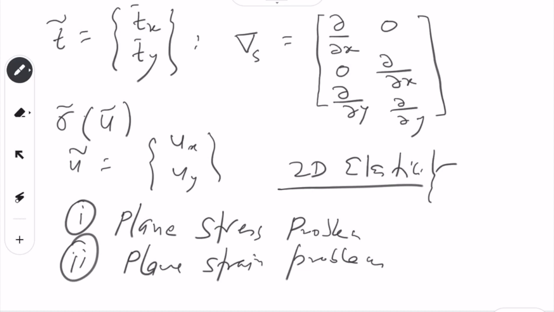What is the difference? In plane stress there is no third stress, all the stresses are planar, there is no out of plane stress. Plane strain means there is no strain perpendicular to the plane.